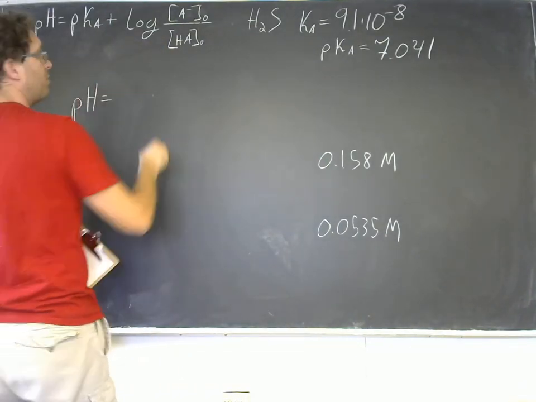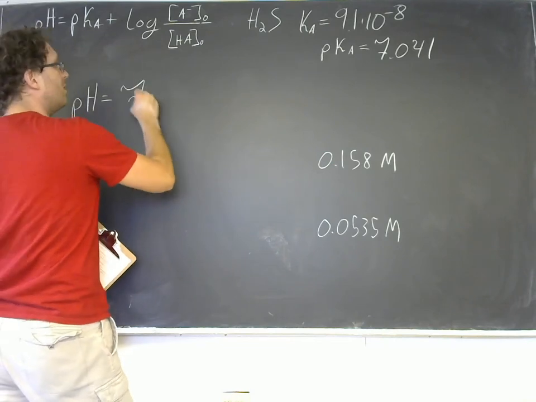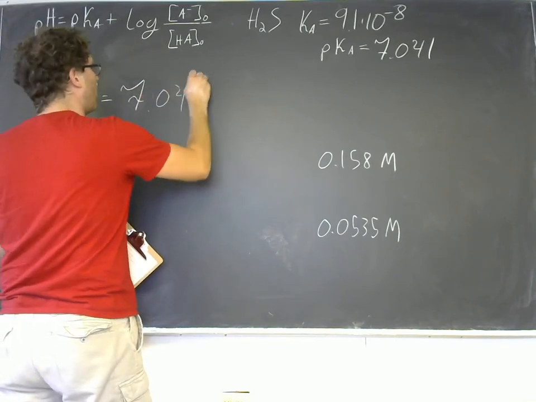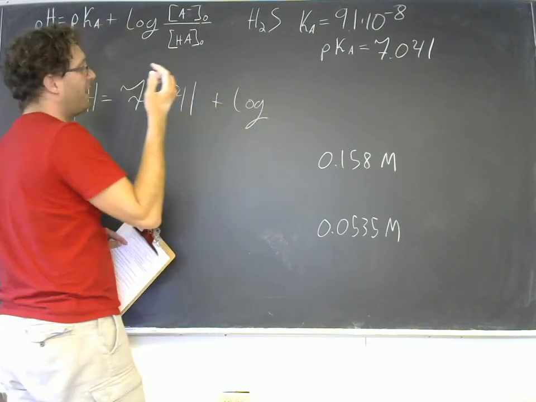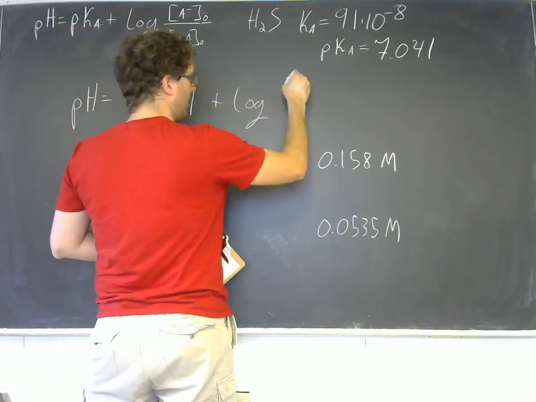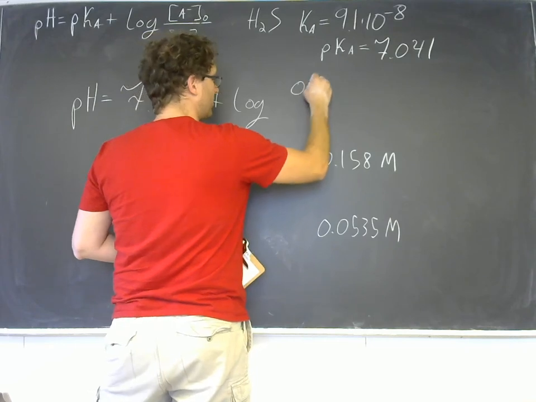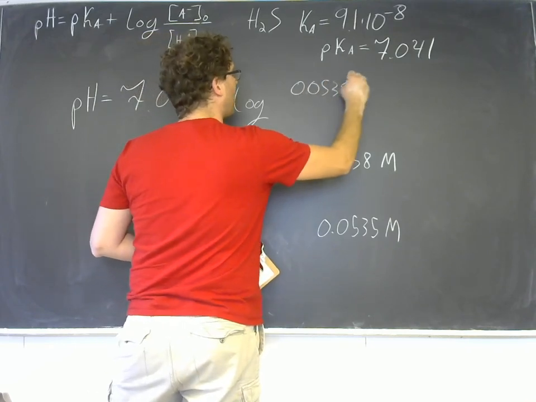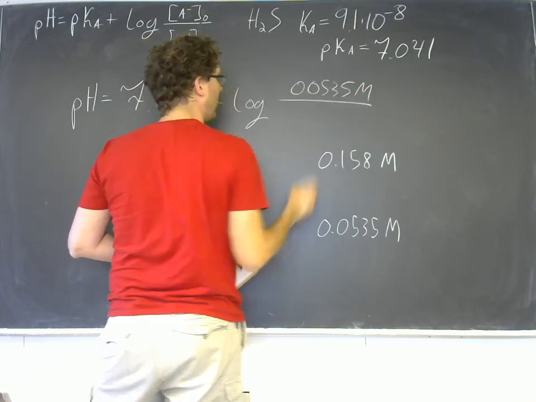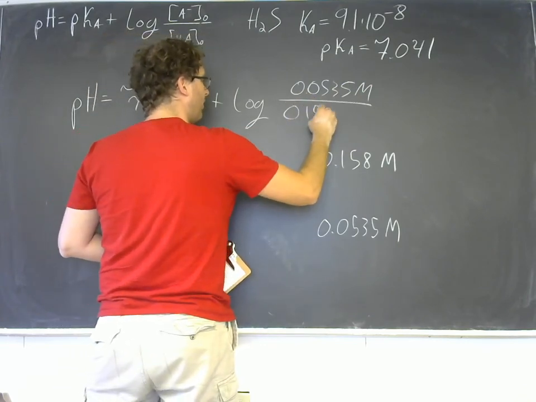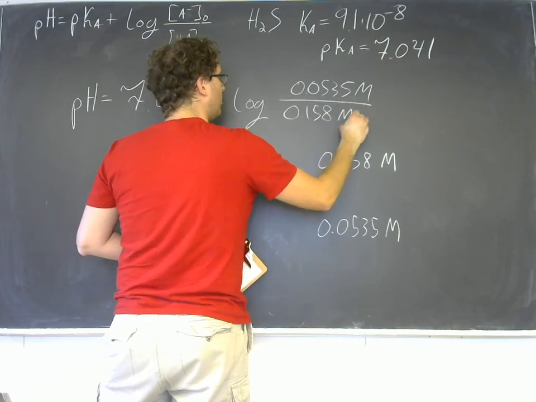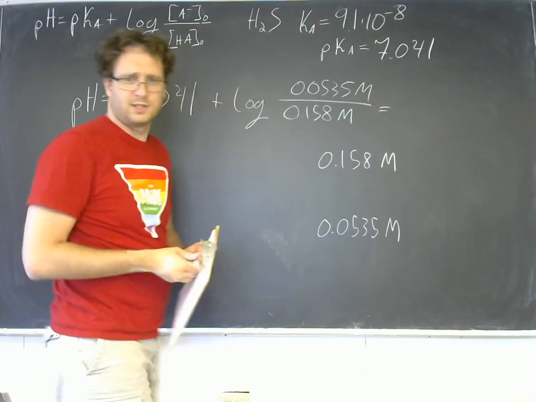It's going to equal the pKa, 7.041, plus the log of my base concentration, that's the 0.0535 molar, divided by the acid concentration, 0.158 molar. Let's figure out what that is.